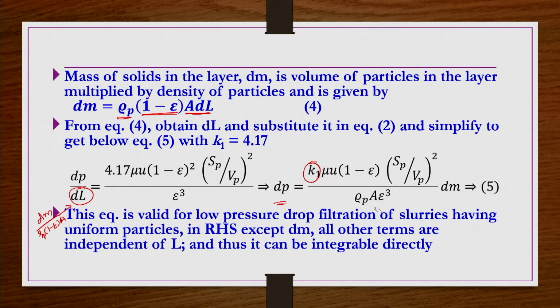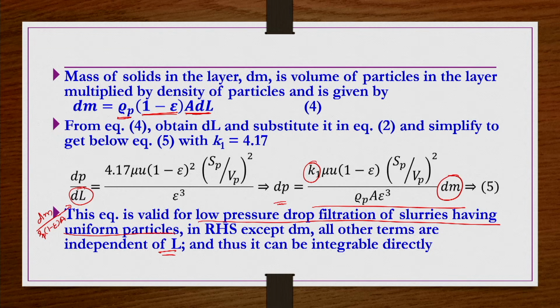This equation is valid for low pressure drop filtration of slurries having uniform particles, right. In the RHS of this equation 5, except this dm, all other parameters are independent of L. So we can directly integrate this equation 5.